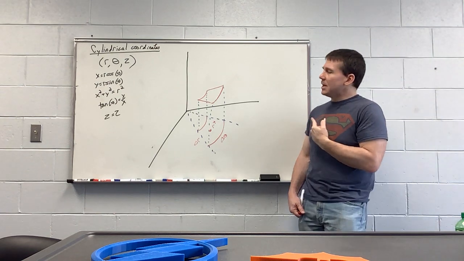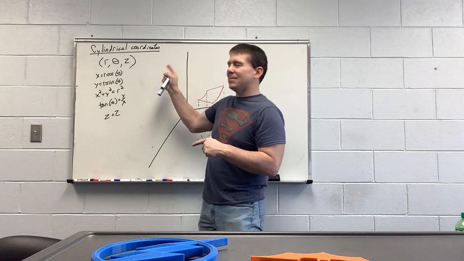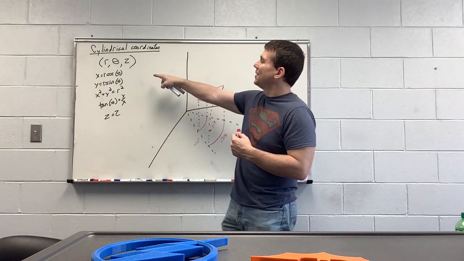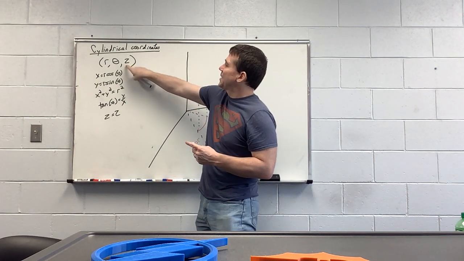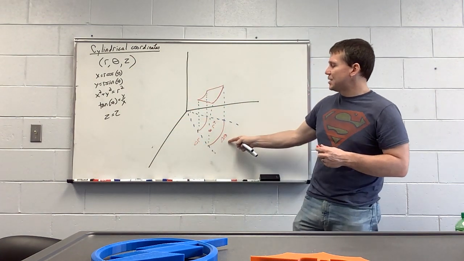There's part of my polar rectangle, but keep in mind this is part of my cylindrical rectangle, but part of my rectangle requires a change in Z. I already have the change in R and the change in theta.